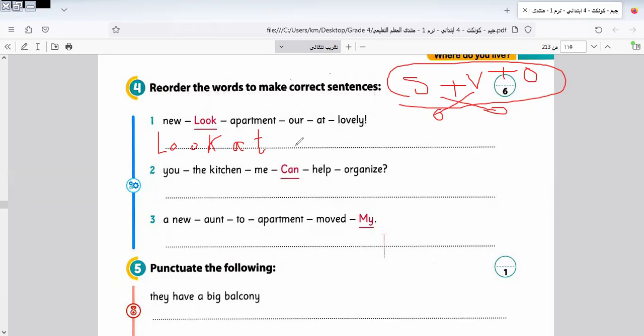Look at our new lovely apartment. Our new lovely apartment. Okay.